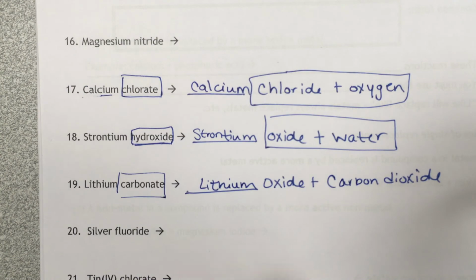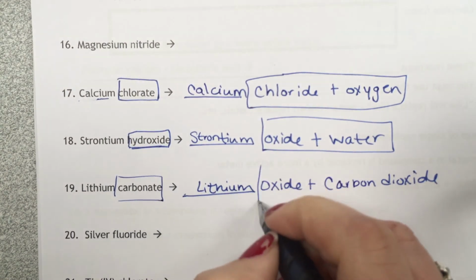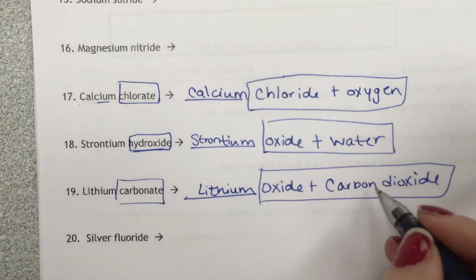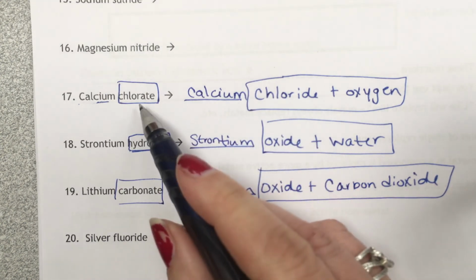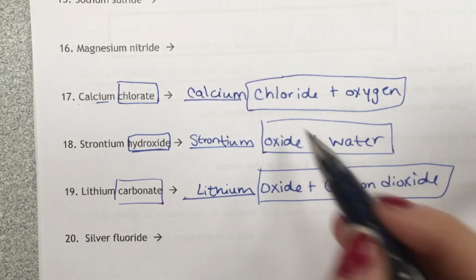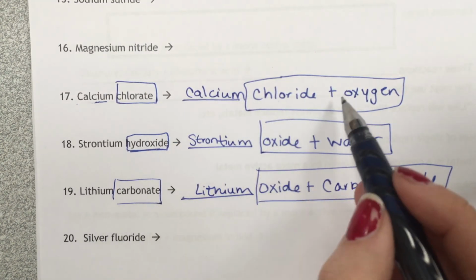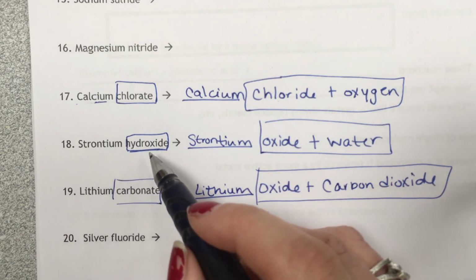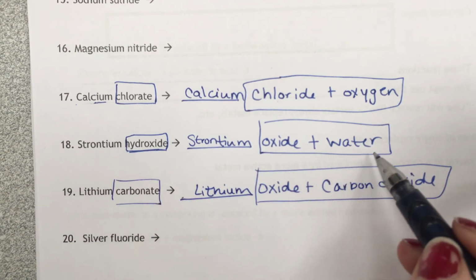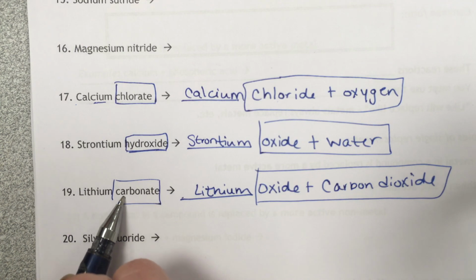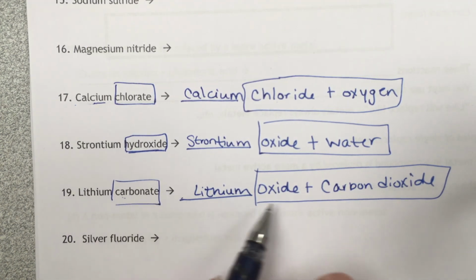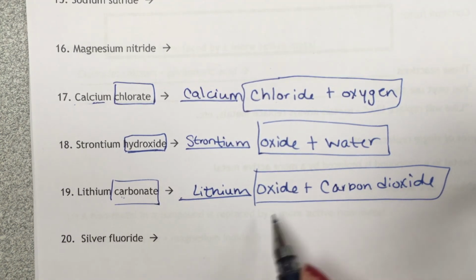And that's how you do all of these special things. So anytime you have carbonate, you'll have this in the reaction. Anytime you have chlorate, you'll have chloride plus oxygen. So a metal chloride plus oxygen. Anytime you have hydroxide, you'll have a metal oxide plus water. Anytime you have a carbonate in the reactants, you'll have a lithium oxide plus carbon dioxide in the products.